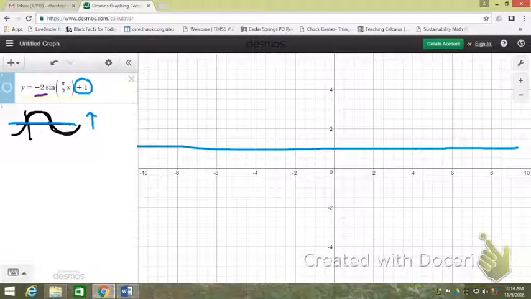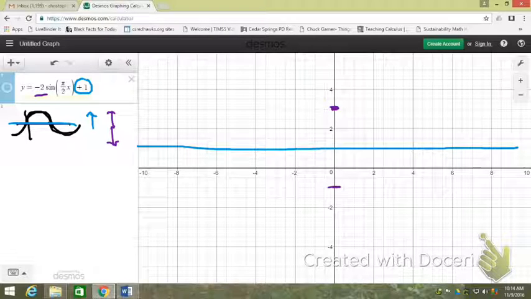So I'm just going to look at the 2 for a second, leave the negative off. That 2, remember, is a vertical stretch factor, stretching it out that way. And so that means the amplitude is now going to be 2, or I'm going to go 2 spots up from my center line. So my max is now going to be at 3. And I'm going to go 2 spots down from my center line, so my minimum will be at -1.